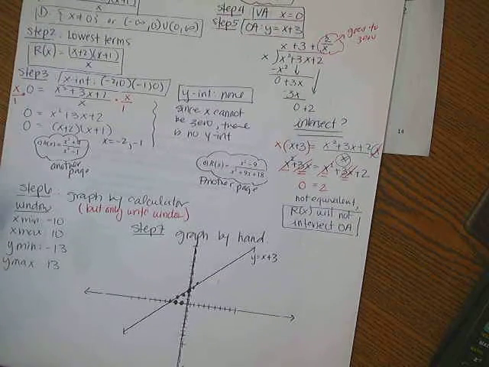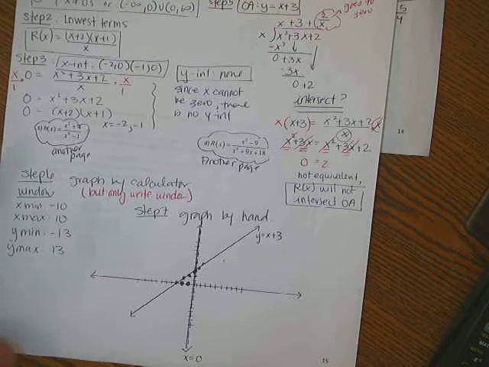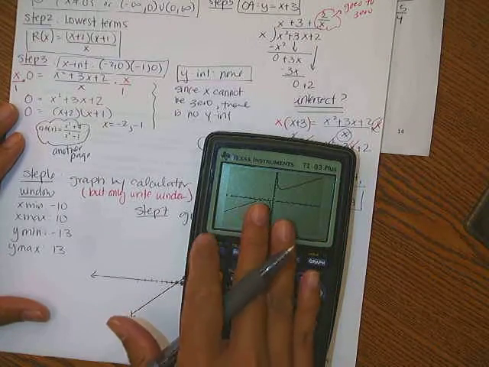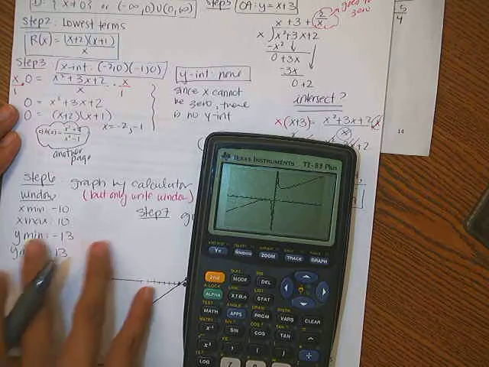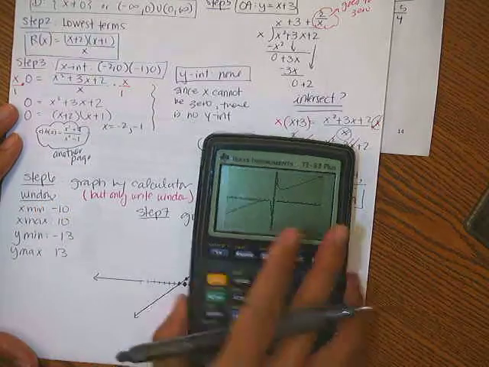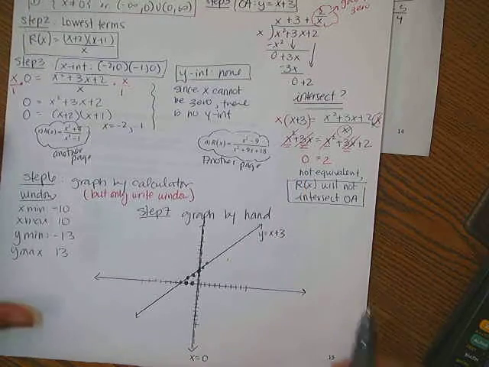Then, all you have to do in sketching by hand, okay, is this. Even without the graphing calculator, most likely you are not going to have a graphing calculator for this step, okay? So on your test, you would not have a calculator. You would just have steps 1 all the way to step 5, okay?